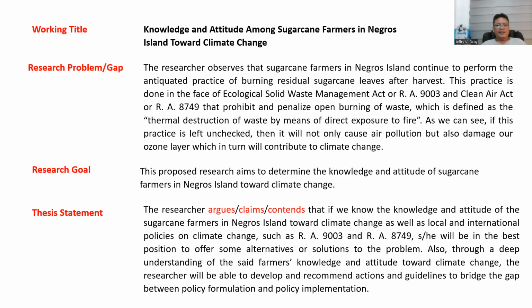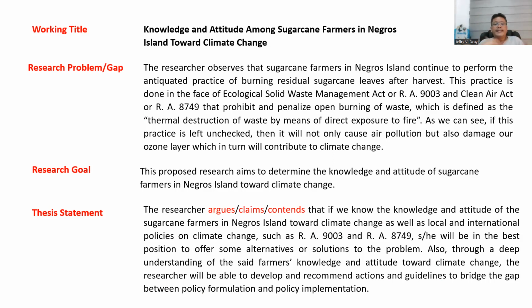You may say, the researcher argues, or the researcher claims, or the researcher contends that if we know the knowledge and attitude of the sugarcane farmers in Negros Island toward climate change, as well as local and international policies on climate change, such as RA 9003 and RA 8749, he or she will be in the best position to offer some alternative solutions to the problem, in the form, of course, of strategy, recommendation, or suggestions in the recommendation part of the research paper.